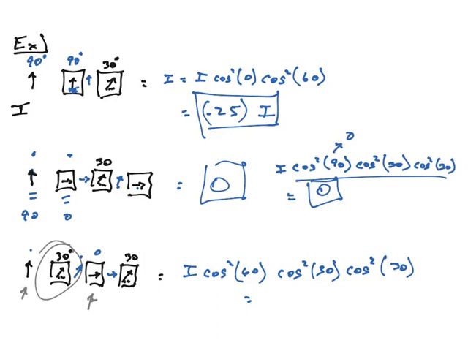And I get 0.141 times I. So notice, it's not that there are two things perpendicular to each other that makes it 0. What makes it 0 is if two things that are perpendicular to each other are next to each other with nothing in between. Here, nothing's in between these two and they're perpendicular, thus it's 0. Here, these two are perpendicular, but something's between them, so I have to do the math.